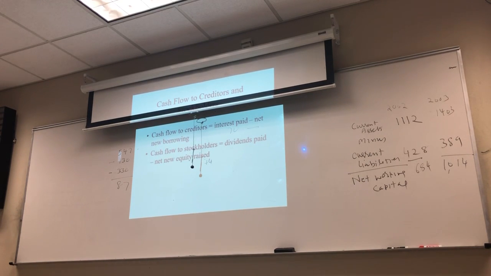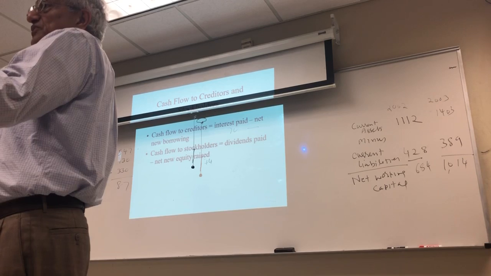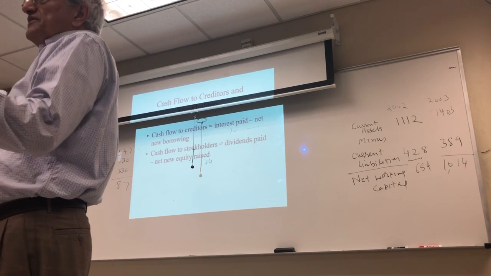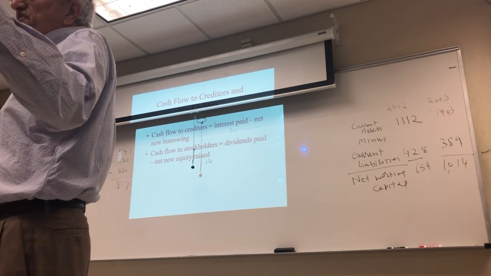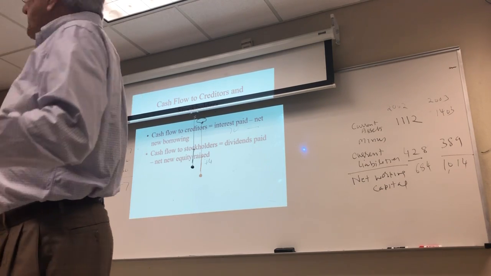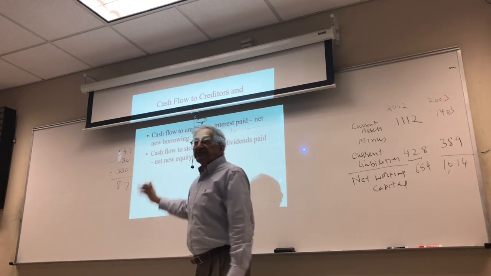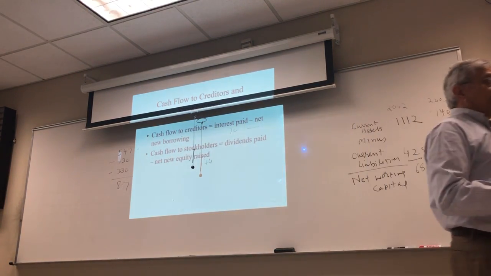In other words, were they paying interest and simultaneously borrowing new funds from outside? That's what it means. If they were doing that, then net lenders did not probably get as much as this number, $70. So how do you find net new borrowing? You want to write it down.